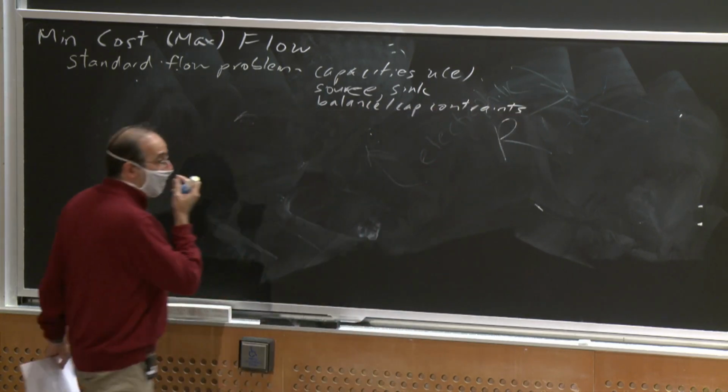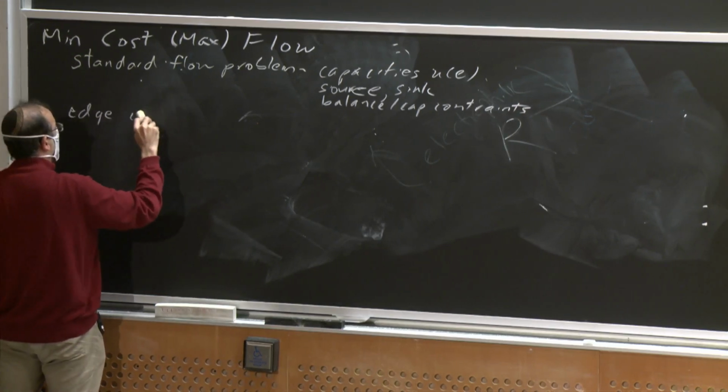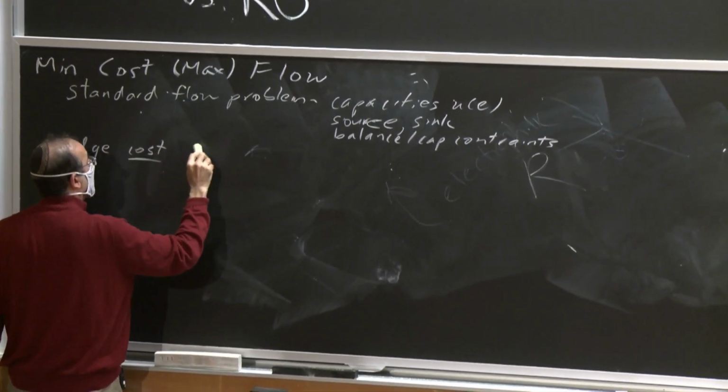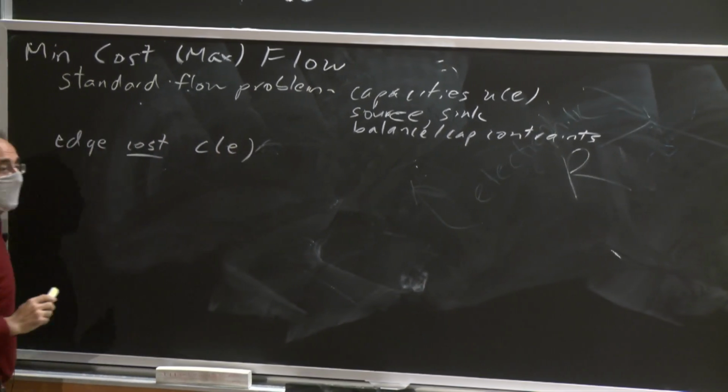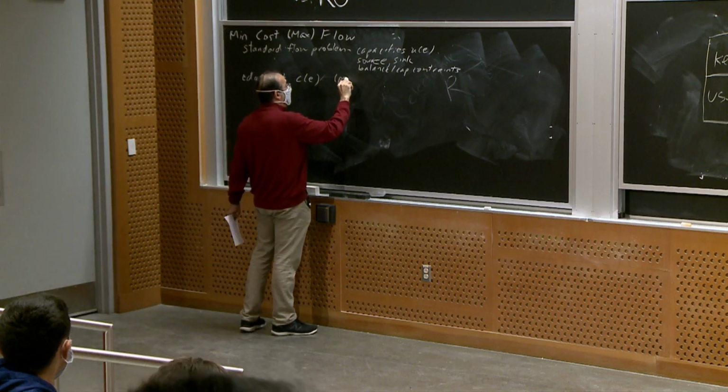Okay, but now we add costs. And this is a per unit cost of flow.